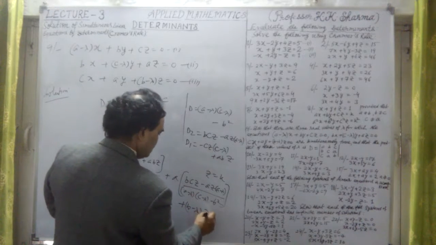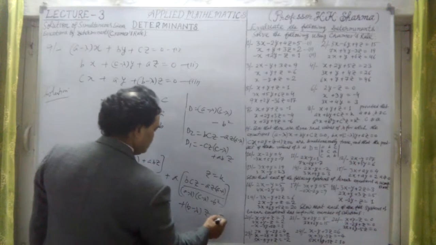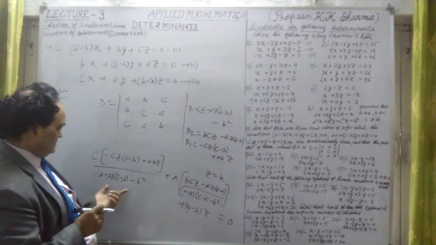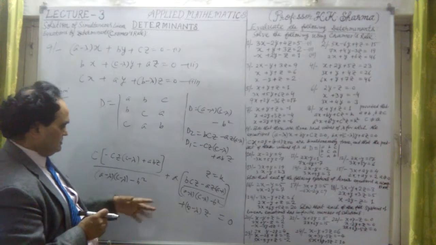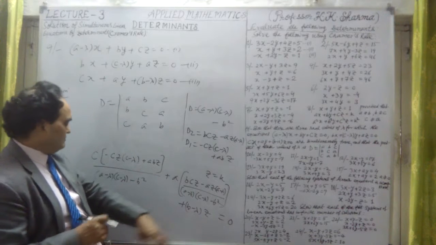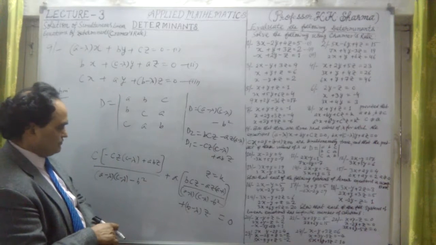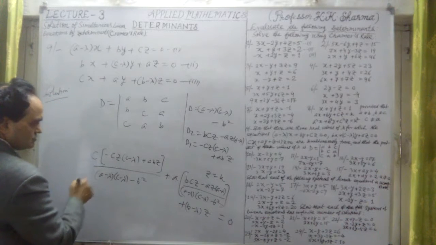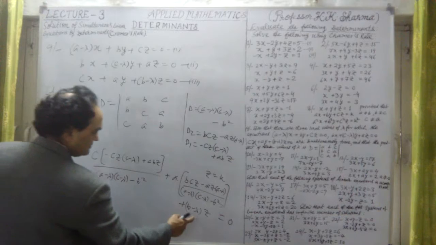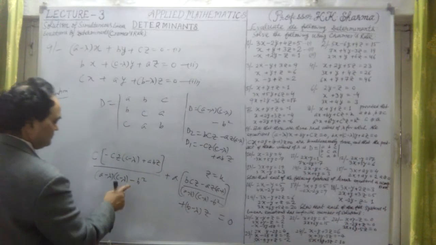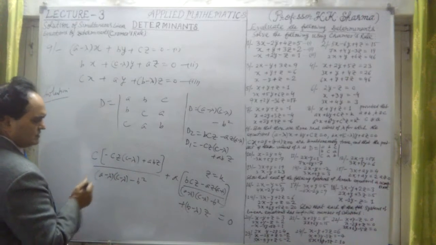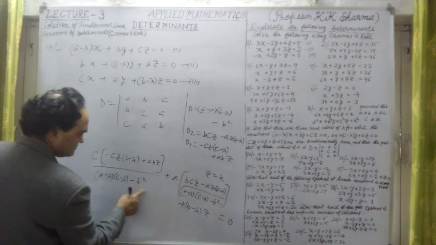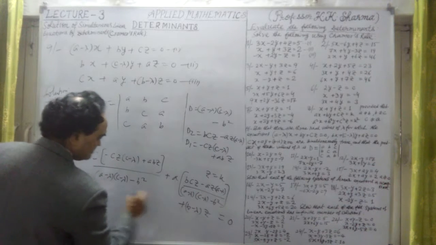Okay, let's write here equal to 0. If I take the LCM, a minus lambda into b minus lambda will be multiplied by this value, a minus lambda. The same value will come out. So now let us solve it, because this is only b minus lambda into z. In place of z, if I write k, that can be done, because this LCM, a minus lambda, c minus lambda minus b square, will be multiplied with this z value.